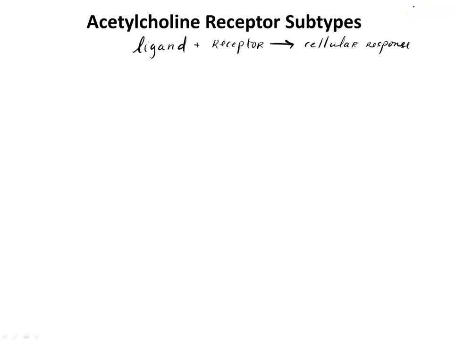What's the ligand? Acetylcholine. Okay, this is all acetylcholine. There is one ligand. We have many receptors. So I'm going to draw them out here. The first receptor that I'm going to write out is the name. And this is the, I can't spell, there we go, nicotinic receptor. And this causes depolarization.